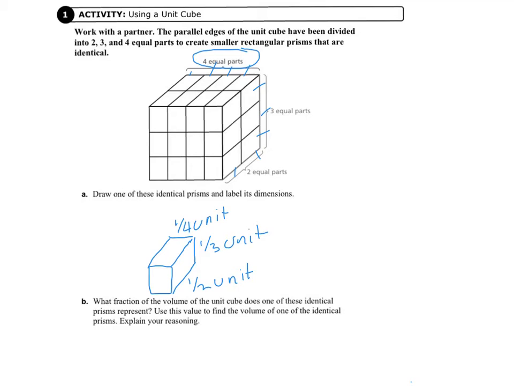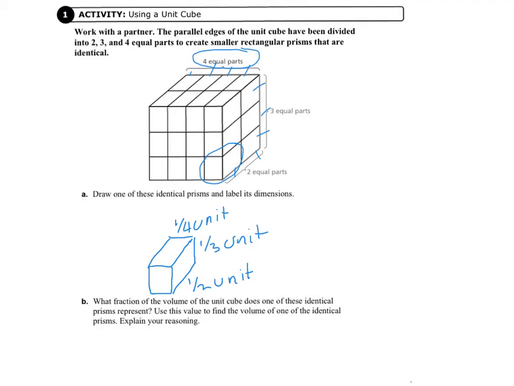So our next step, it says, what fraction of the volume of the unit cube does one of these identical prisms represent? Use this value to find the volume of one of the identical prisms. Explain your reasoning. So when we look at the smaller unit cubes, we can see that each one of these is 1/24 of the bigger cube, because the bigger cube has been sliced into 24 pieces.